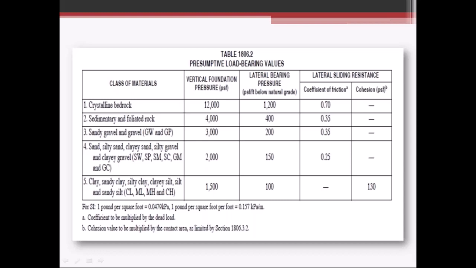Okay, here's a table from the New York State Building Code that shows presumptive load-bearing values based on various soil types. You can see over here, based on the USCS classifications of material, sand, silty gravel, clayey gravel, the building code has a presumptive load-bearing value of 2,000 pounds per square foot for that material.